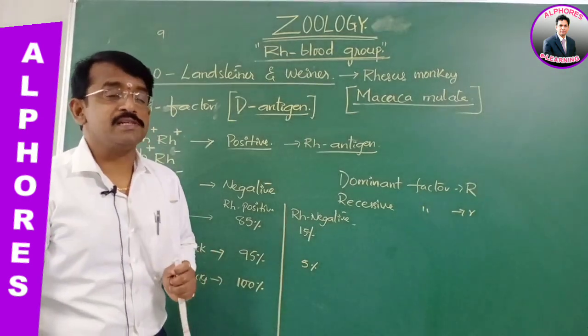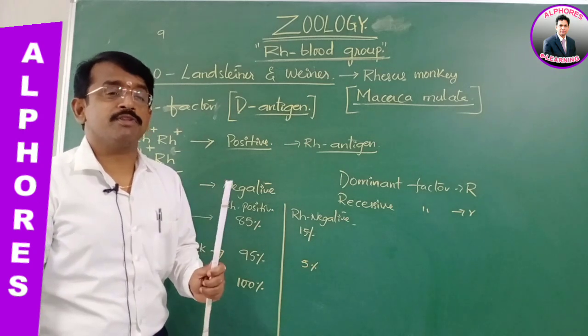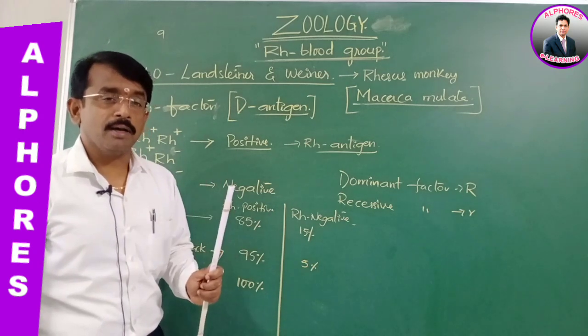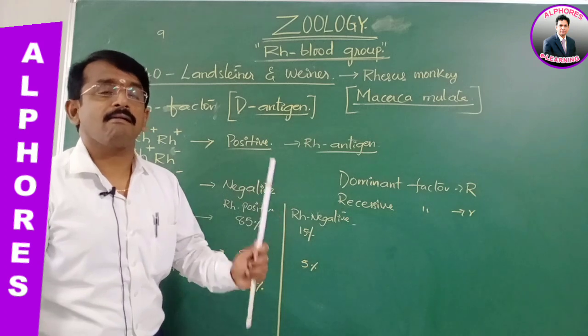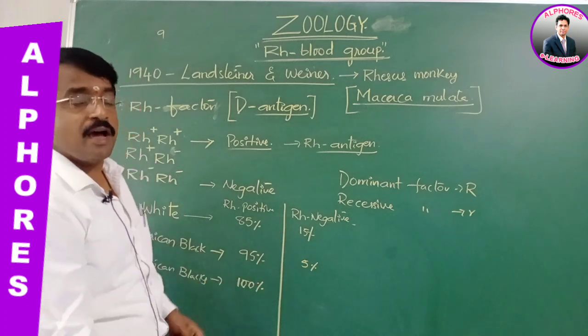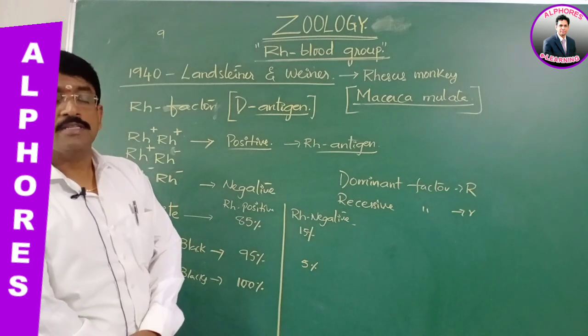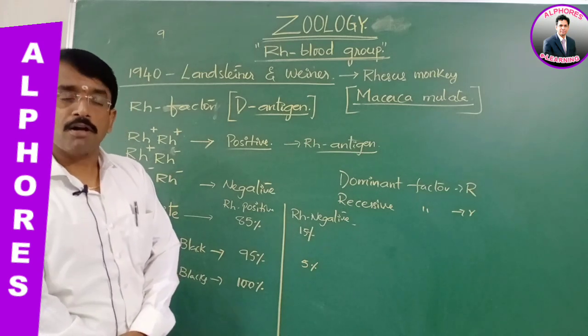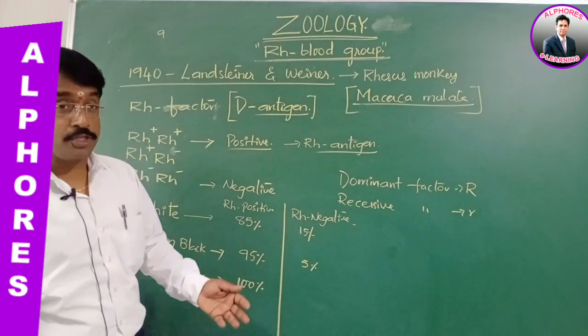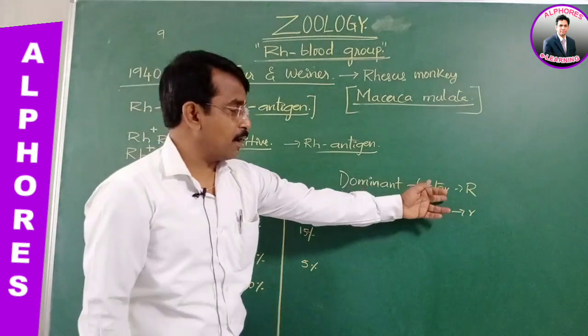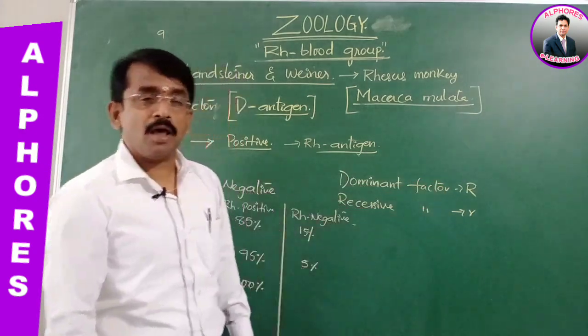The majority of the world's population has the Rh antigen, the D antigen, and is named Rh positive. The dominant factor is capital R, whereas the recessive is small r.